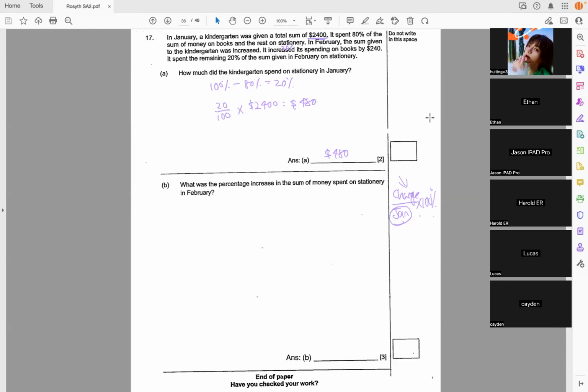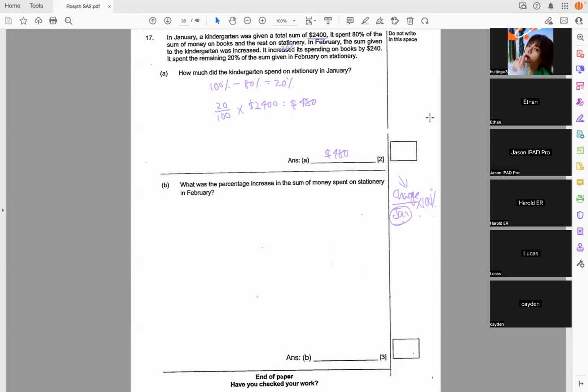So what did the question say about the spending in February? In February, the sum given to the kindergarten was increased. It increased its spending on books by 240. It spent the remaining 20% of the sum given in February on stationery. Now, this is a very tricky statement.